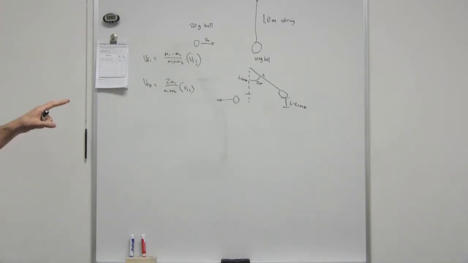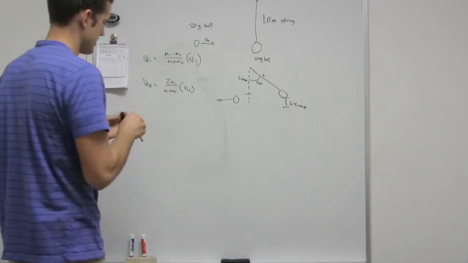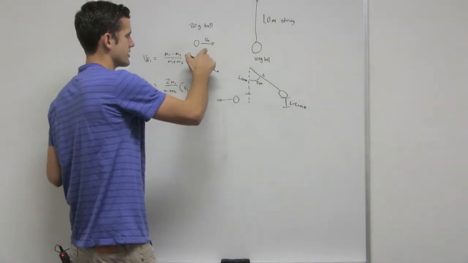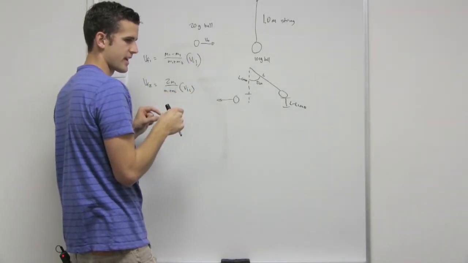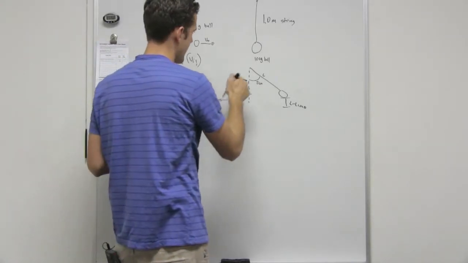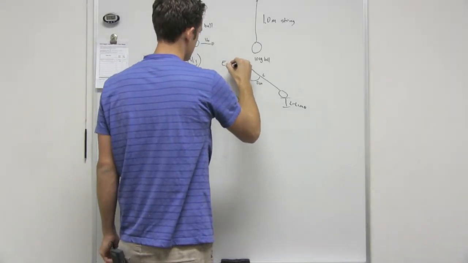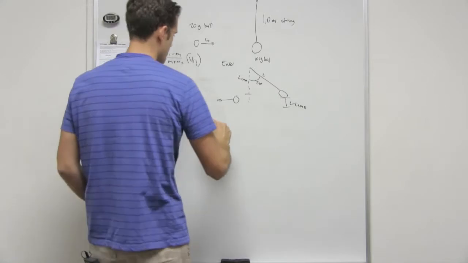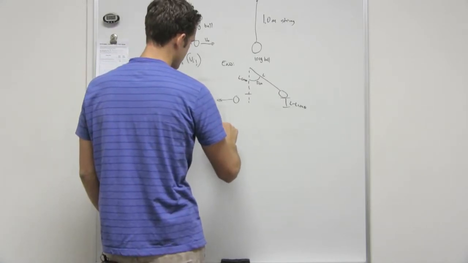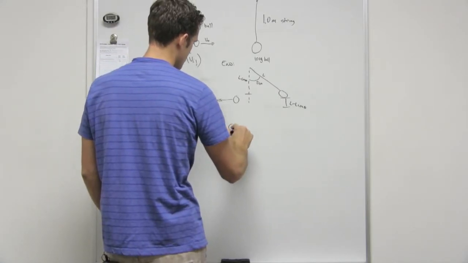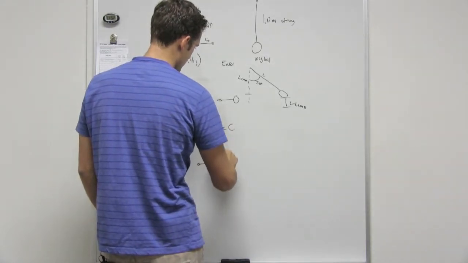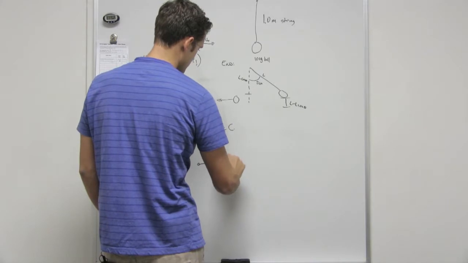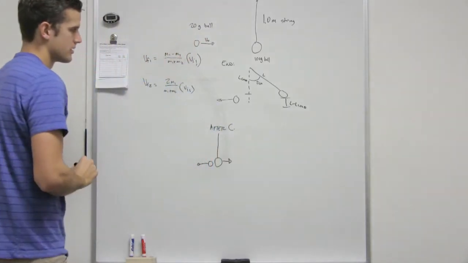So there's kind of 3 steps, right? This ball starts out with the initial velocity, it hits this one, and immediately after that collision, you have this little ball bouncing off, and this one has some velocity.